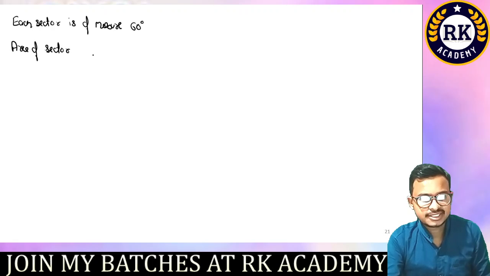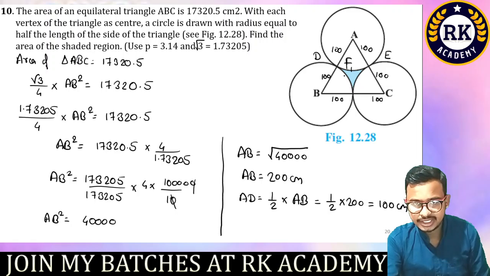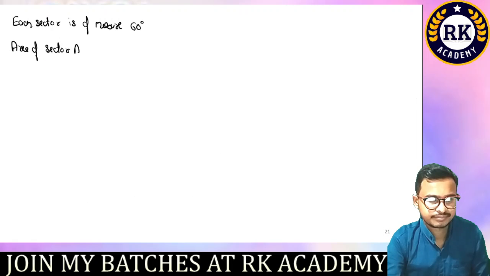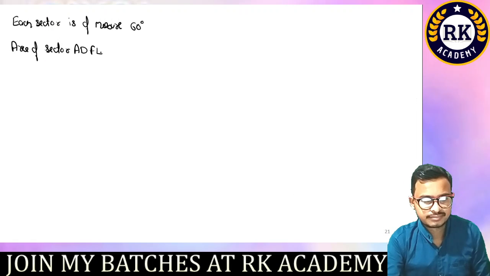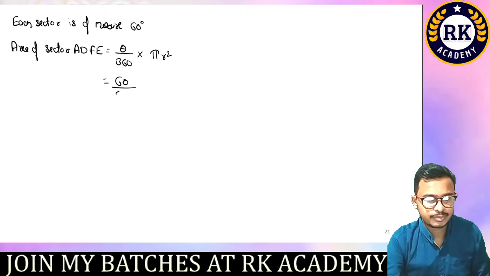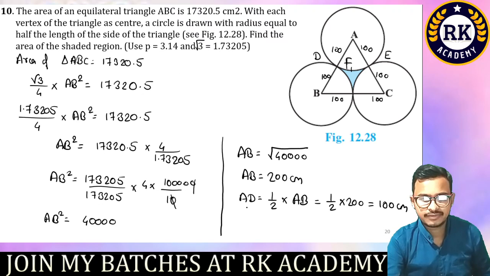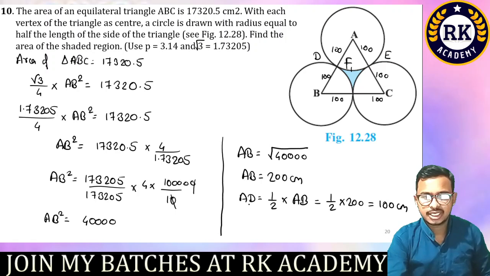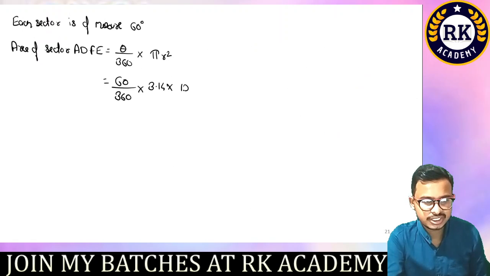First let us find the area of one sector, that is ADFE. So it will be theta upon 360 into pi r square. So for that 60 upon 360 into pi 3.14 into radius. So what is the length of the radius? If AB is 200, then how much is AD? 100. So radius will be 100 into 100.